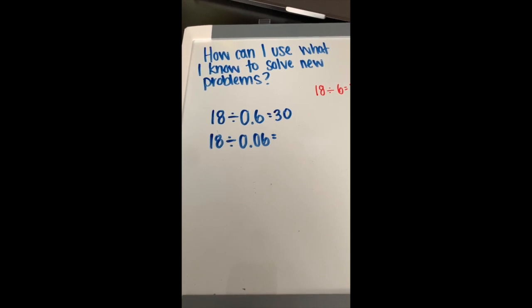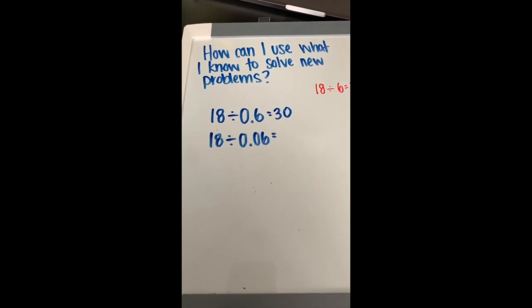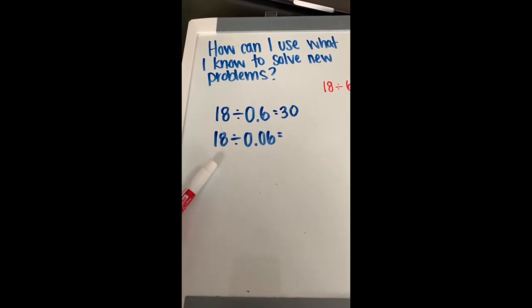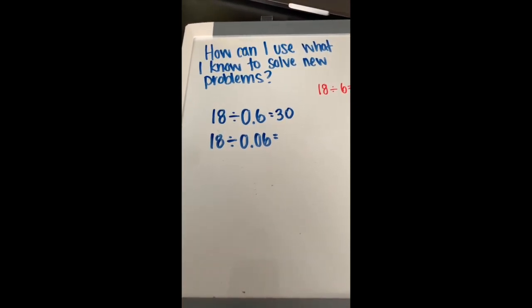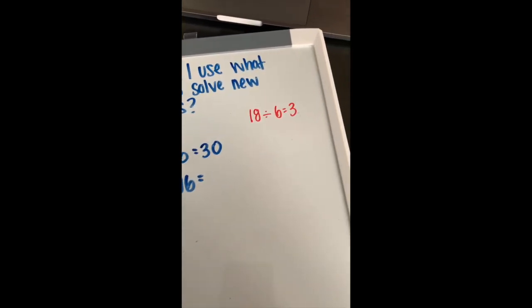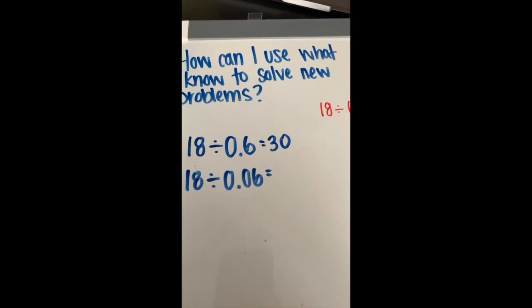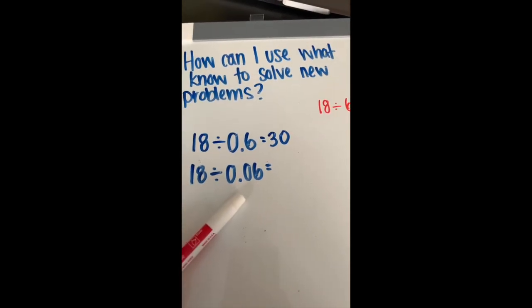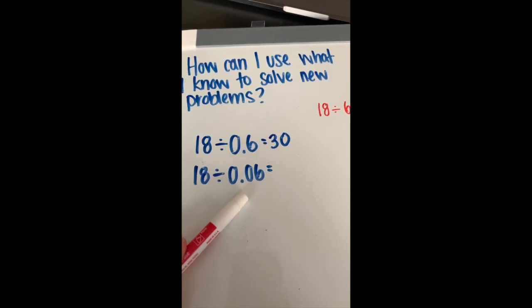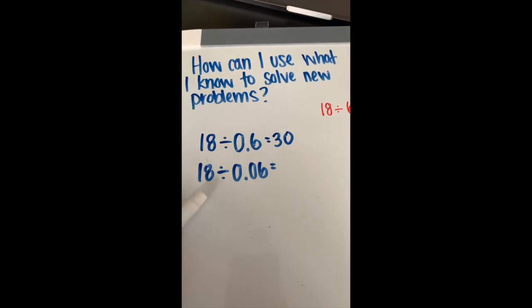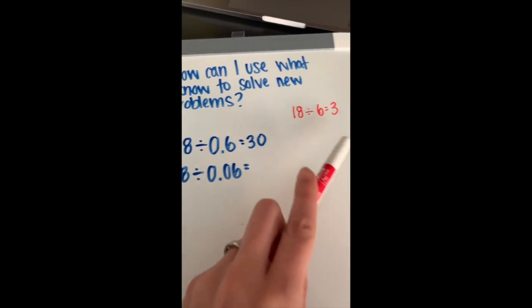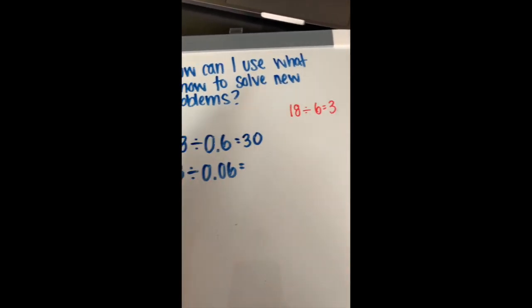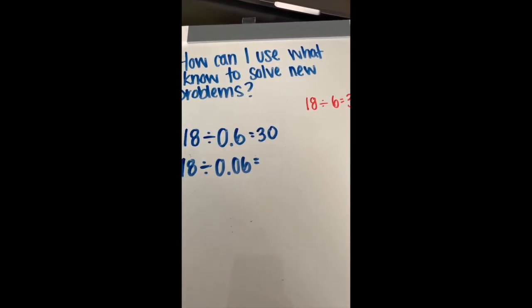So I now need to think about how many 6 hundredths will fit in 18. And 6 hundredths are super small, smaller than 6 ones, smaller than 6 tenths. So it's going to take me more 6 hundredths to get to 18 than it did to get to 18 using 6 ones or 6 tenths.